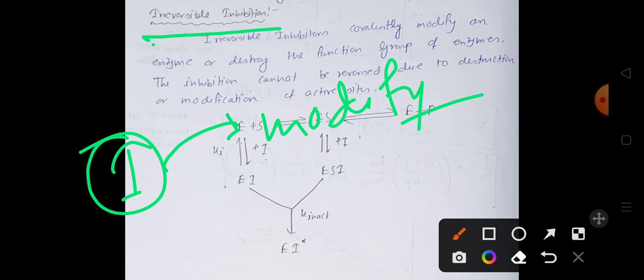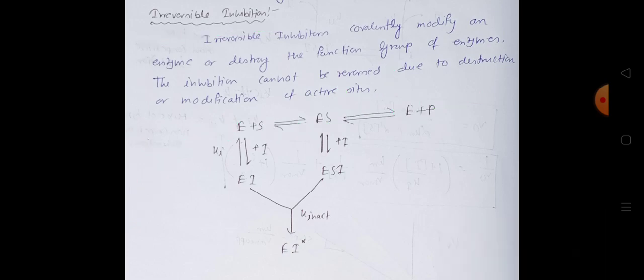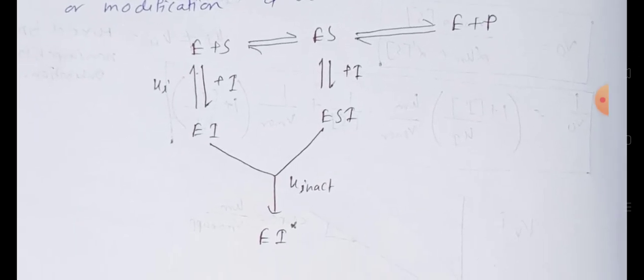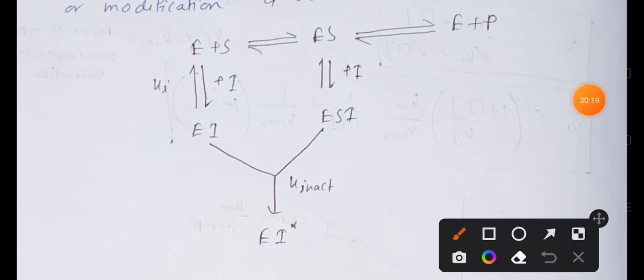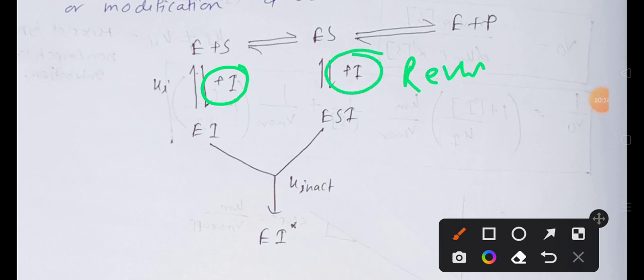So now if we look at the figure, you can see that inhibitors will first play a reversible non-covalent interaction, giving us an enzyme-inhibitor complex as well as an enzyme-substrate-inhibitor complex.